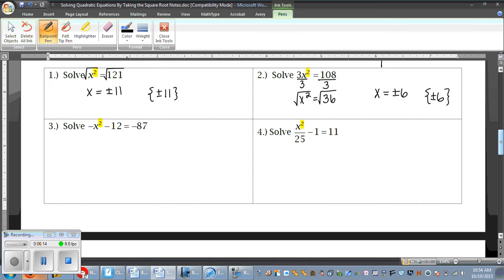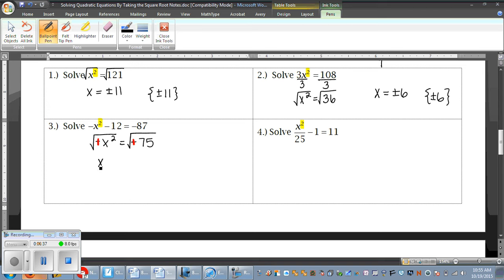So on number 3, what I want to do is add or subtract first, so I'm going to add the 12 to move it over to the other side. I'm going to divide both sides by -1. The quick way to do that is switch both symbols. And to get rid of the exponent, I'm going to take the square root of both sides.